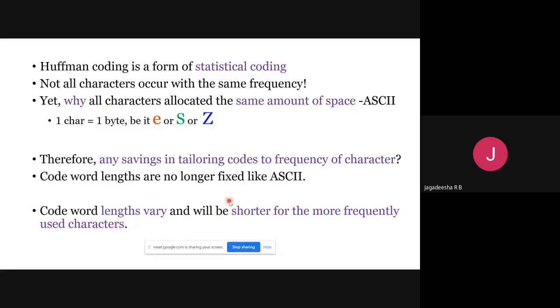So we have assigned fewer bits to a more frequently occurring character, and we have assigned a large number of bits for a symbol or a character that appears less frequently, right?